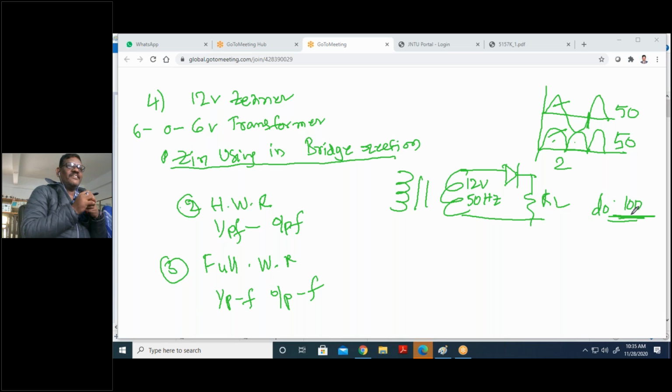Third, biasing circuits. Fourth, amplifiers. Fifth, JFET amplifiers, MOSFET construction, working principles. Over, your EDC. Very, very less syllabus.